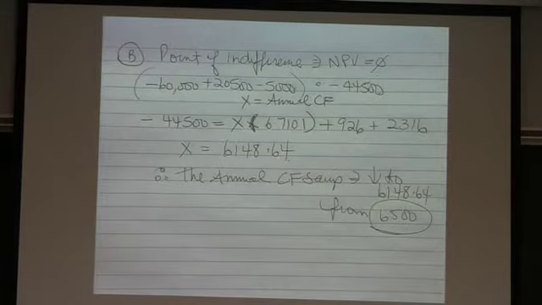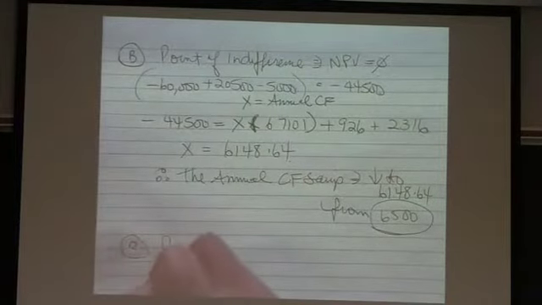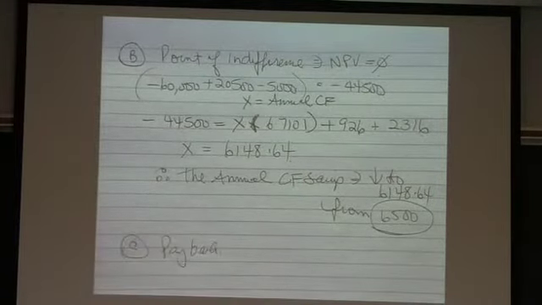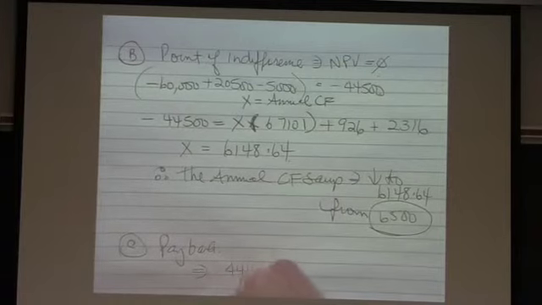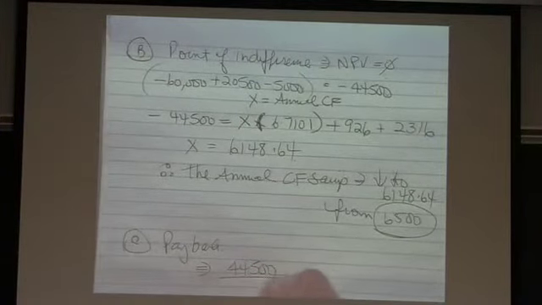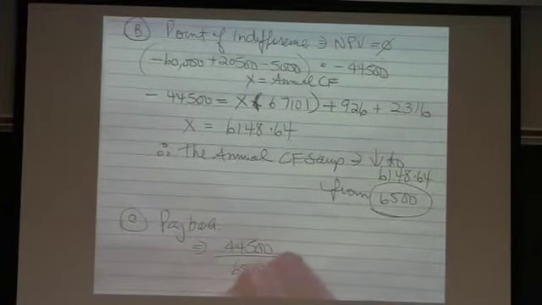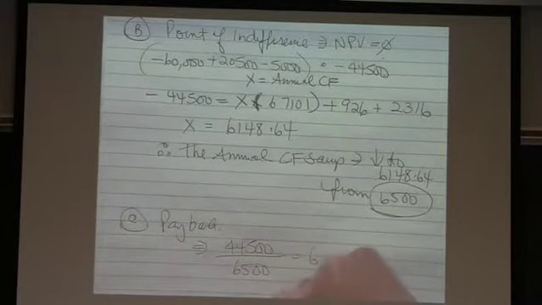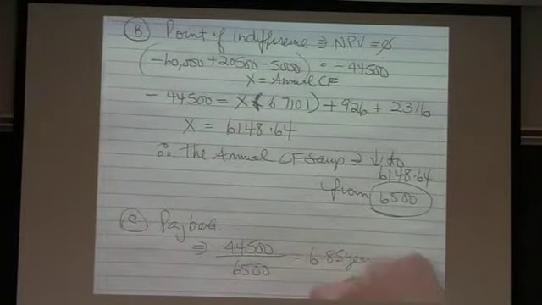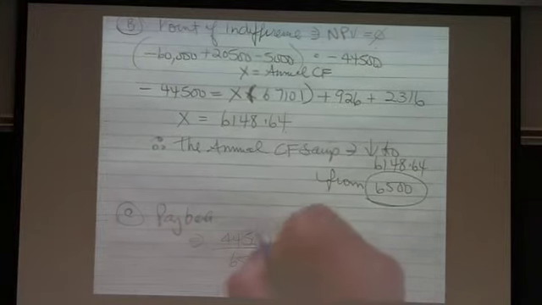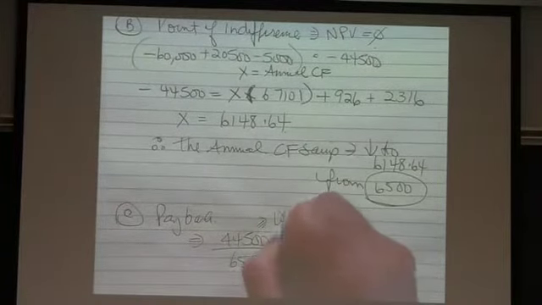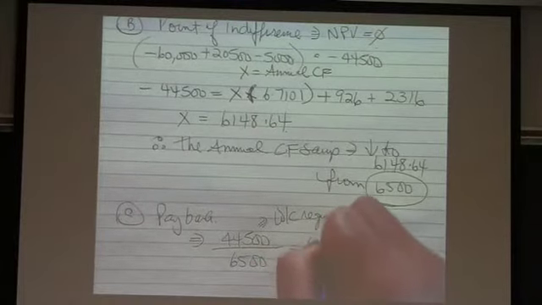Part C asks for payback. So how do we determine payback? It's going to be the cost of the investment, which will be 44,500 divided by 6,500, 6.85 years. Now, you could argue that this included the working capital requirement.